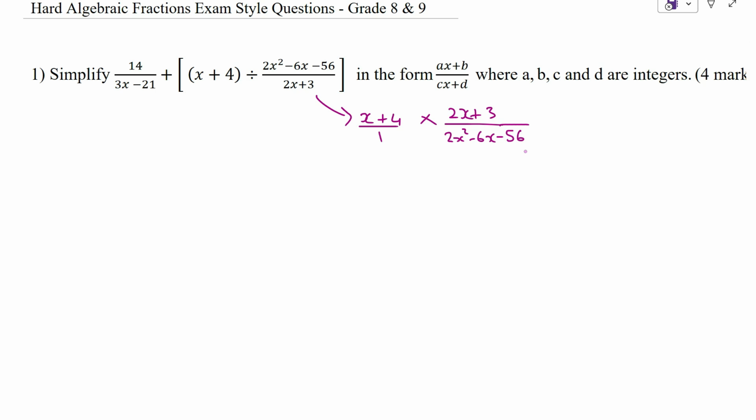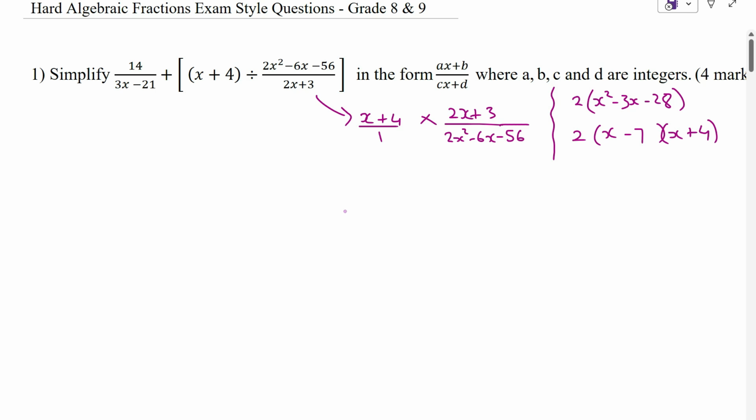Now let's see if we can factorize this denominator. You can see that all of these coefficients are divisible by 2, so let's take that out. So it'll be 2 brackets x squared minus 3x minus 28. So if we factorize this bracket, we have minus 7 plus 4.